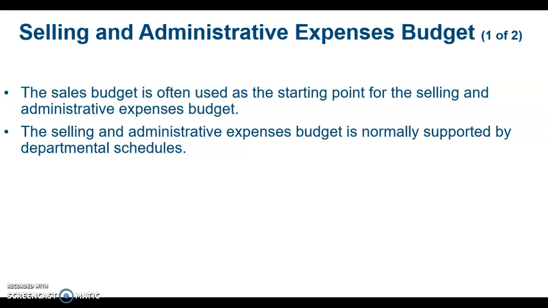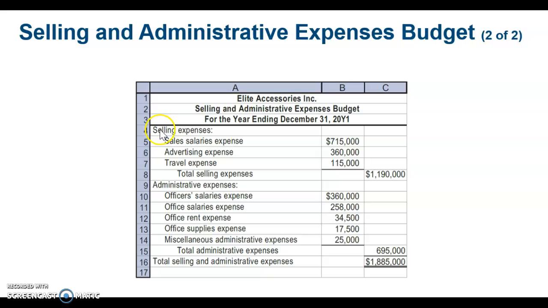Next is our selling and administrative expenses budget. We're going to have our estimated budget for our selling expenses. And you also have your administrative expenses to get your total selling and administrative expenses. So this budget looks just like our selling and administrative costs.